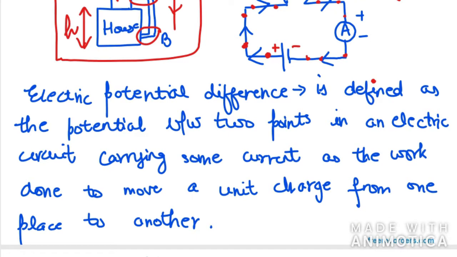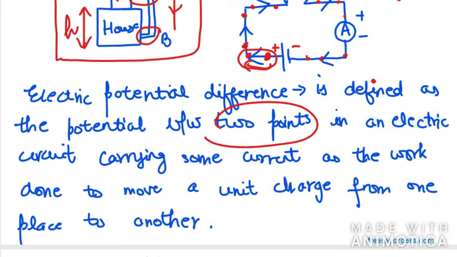Now, what is electric potential difference? Electric potential difference is defined as the potential between 2 points in an electric circuit carrying some current, as the work done to move a unit charge from one place to another. So, if I want to move this electron till the last end point, we need to do some work.